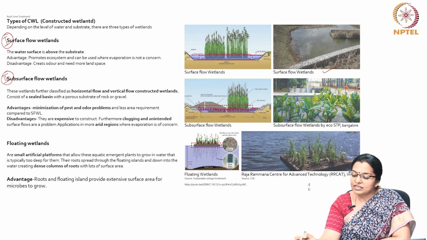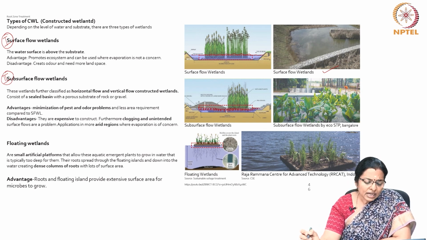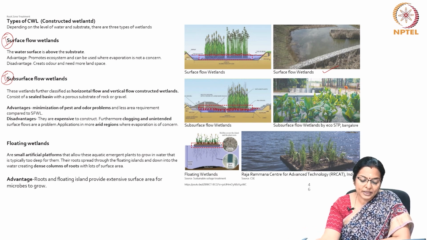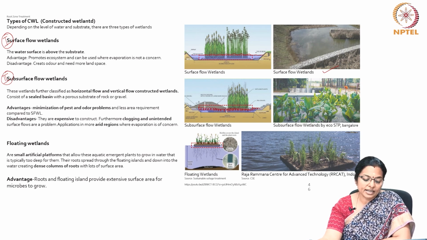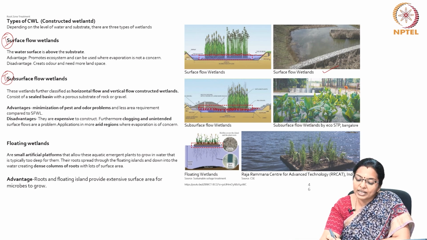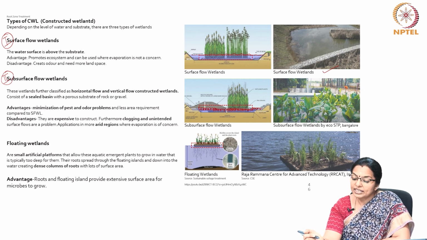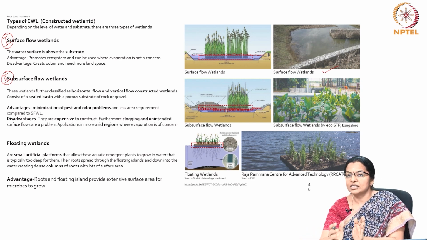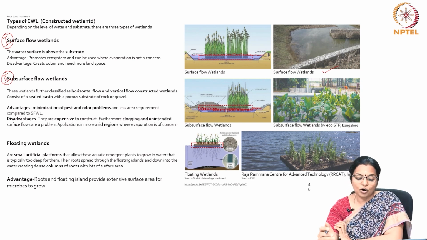The advantages is that there is minimization of pest and odor problems, and there is less area requirement compared to surface flow wetland because there is a layer of gravel which prevents the frothing from coming up. The disadvantage is you have to actually construct them. So it costs money.